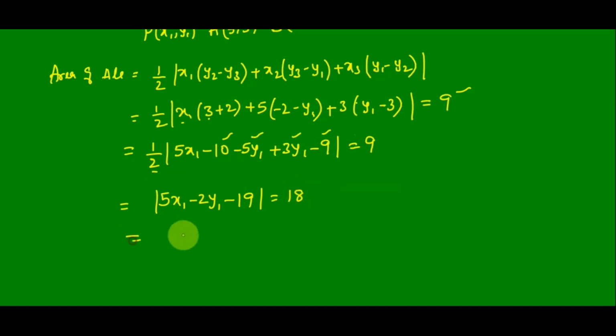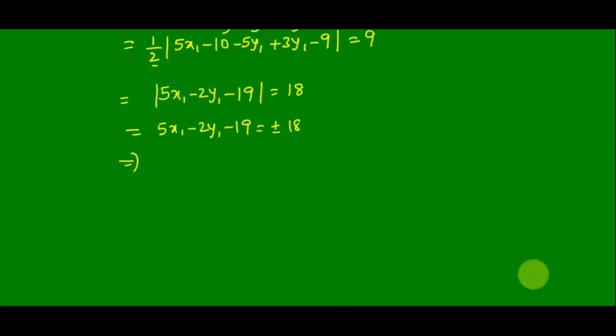Okay. So if I remove the mod, then 5x1 minus 2y1 minus 19 is equal to plus or minus 18, which means one time I take plus 18, then second time I take minus 18. So I'll get two equations for this.